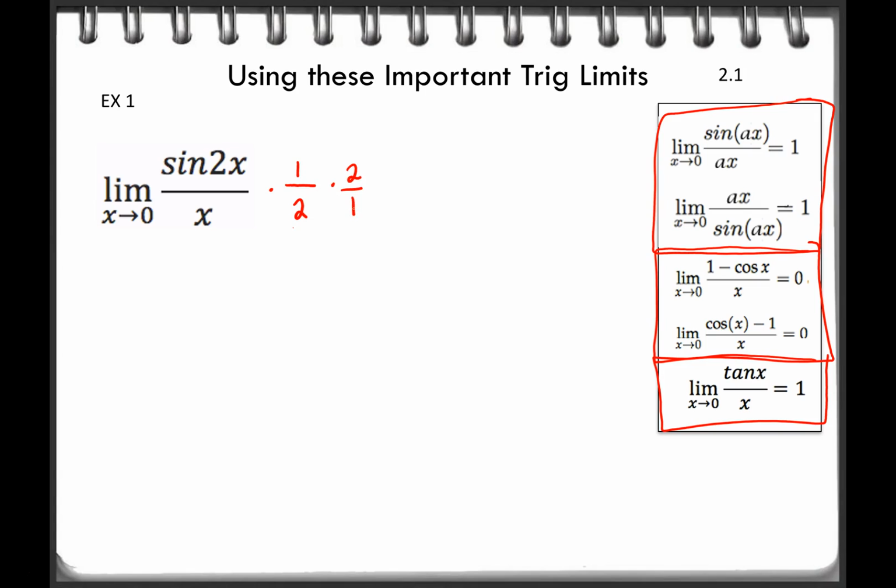So is it true that a half times 2 over 1 is 1? Why, certainly, yeah, it is. So what I can do is multiply it by a half, and then multiply it by a 2, and I haven't changed the problem at all. Instead of saying multiplying it by a half, I'm actually going to put that 2 right here. That's the same thing as multiplying by a half.